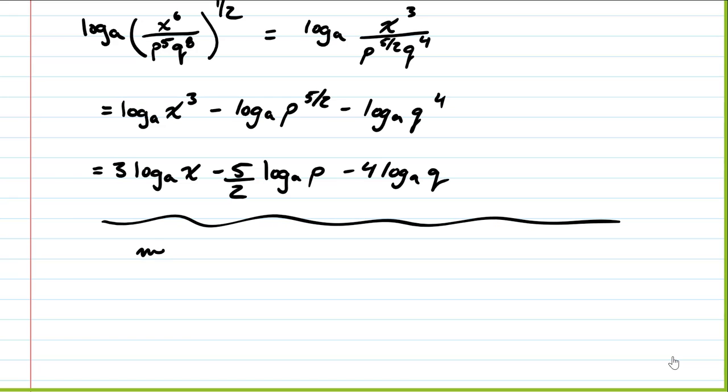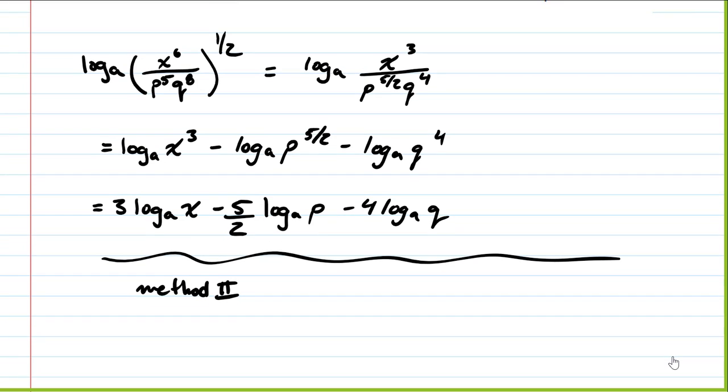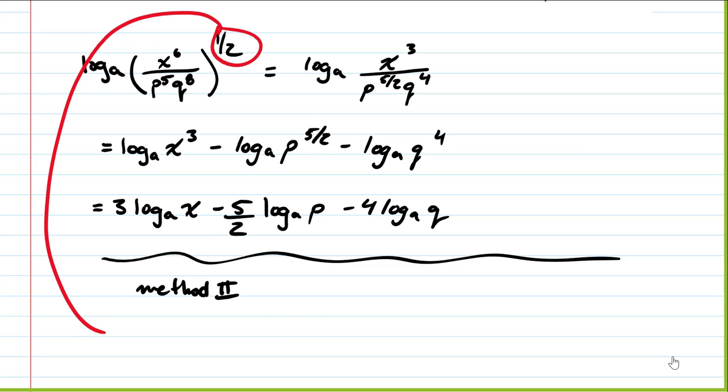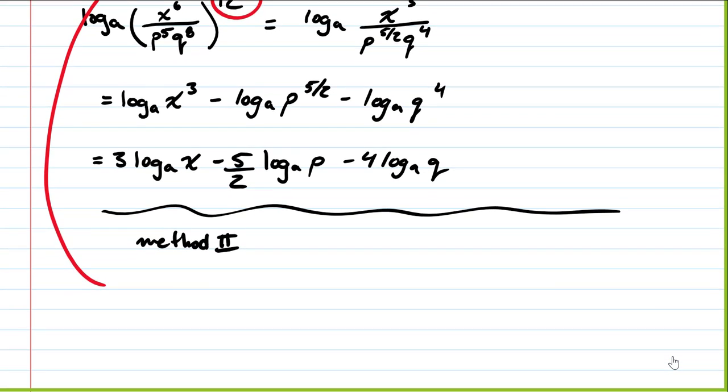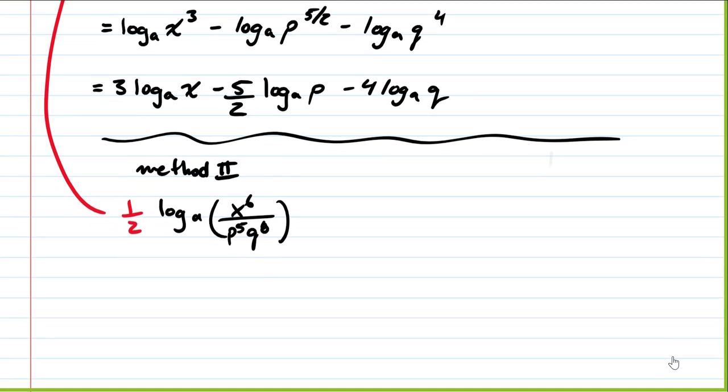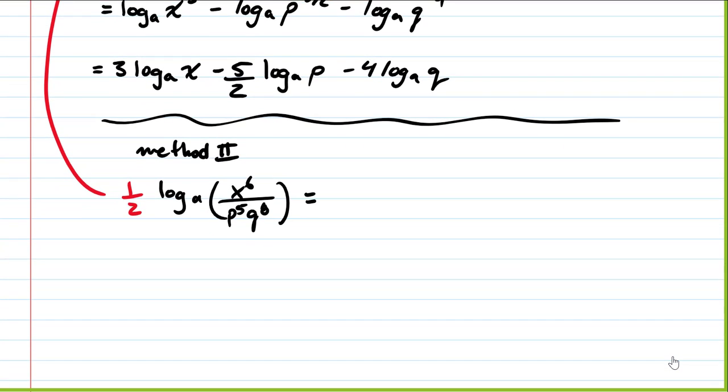So as I noted, you could have just taken this 1/2 and moved it out in front. And if you did so, you would have 1/2 times the logarithm base a of x to the 6th, p to the 5th, q to the 8th. And so then if we expanded that, the 1/2 stays out in front, but it belongs to everything.